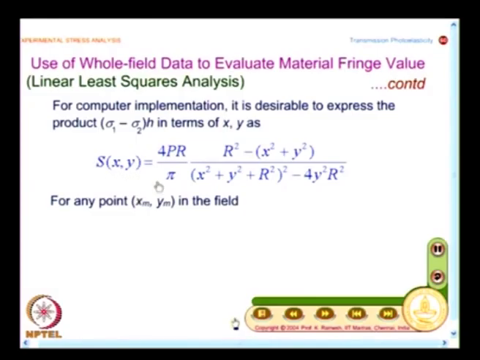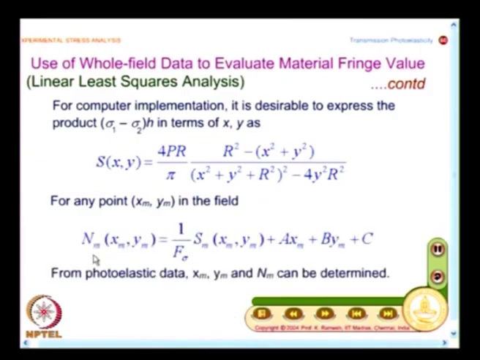So, for the point m, I will write this as, at the point m, Nm is defined as one contribution from the analytical expression, the other contribution from the assumed residual stress field.